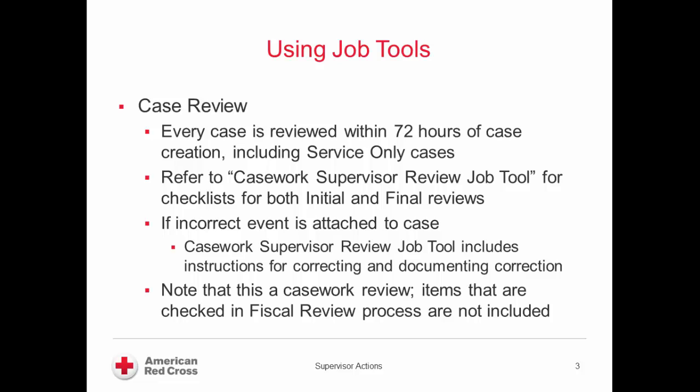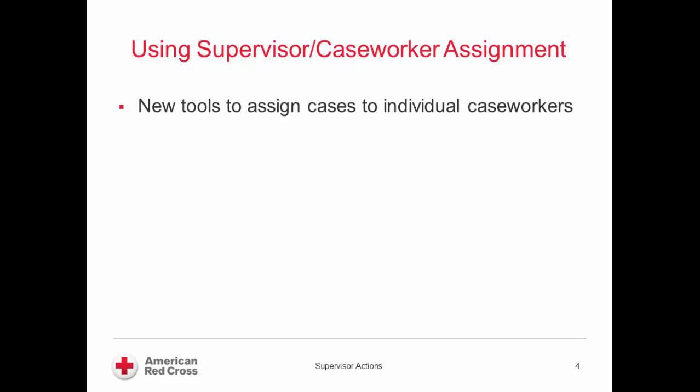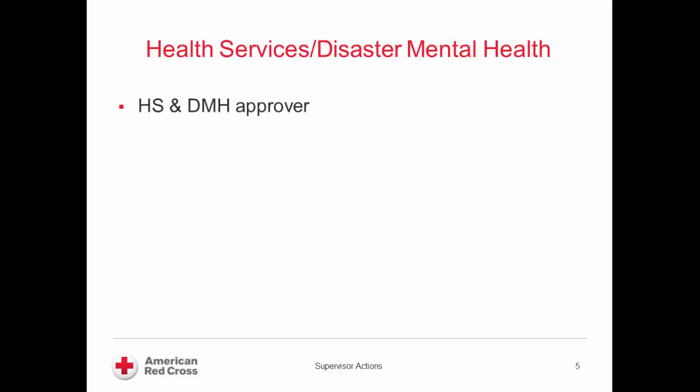If an incorrect event is attached to the case, the Caseworker Supervisor Review job tool includes instructions for correcting and documenting that correction. And final note, this is a casework review. Items that are checked in the fiscal review are not included. We also have some new tools to be able to assign cases to individual caseworkers.